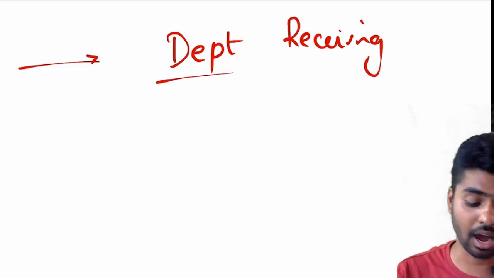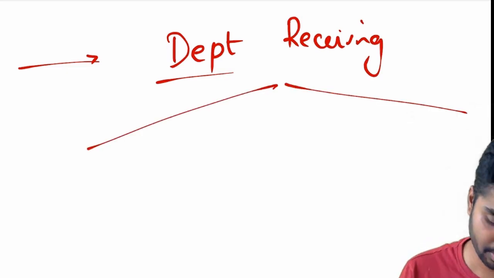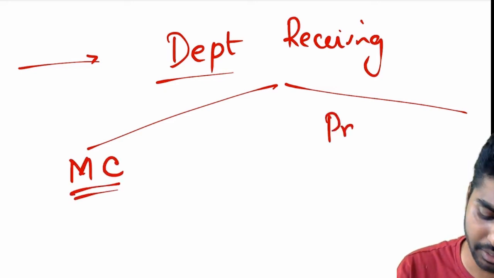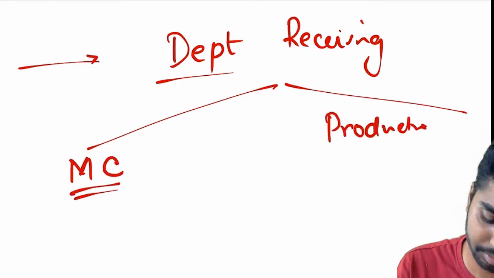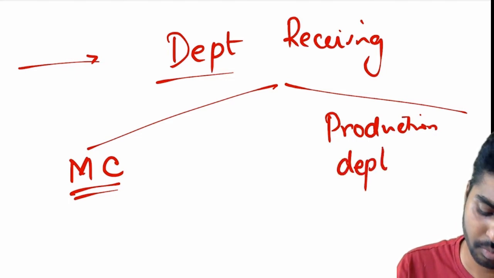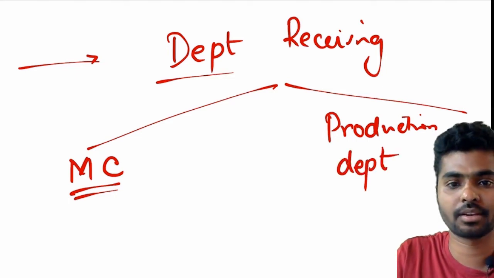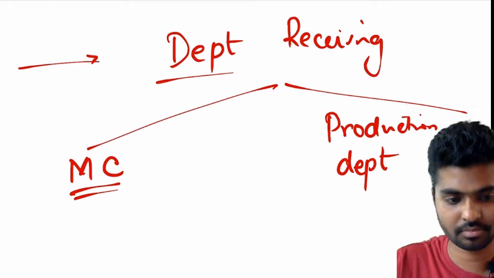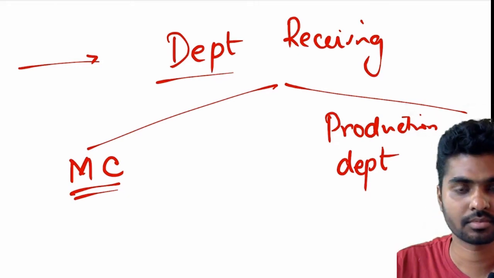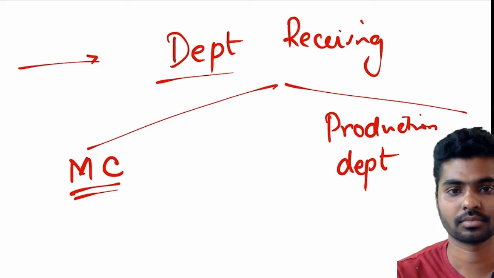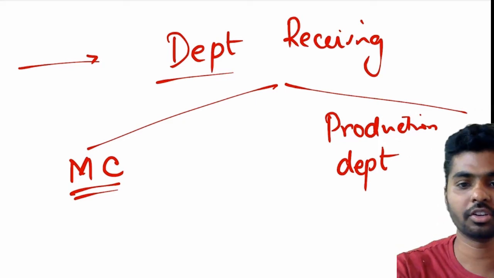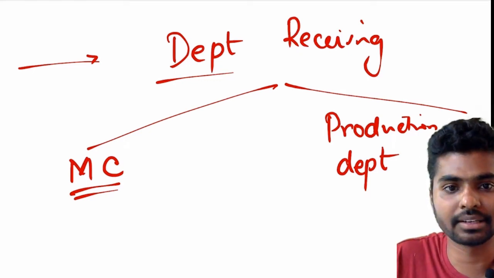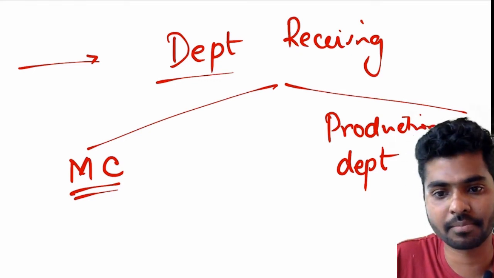Is it my material control department or is it my production department? I want you guys to answer this. Who's going to be receiving it? Is it material control or the production department?